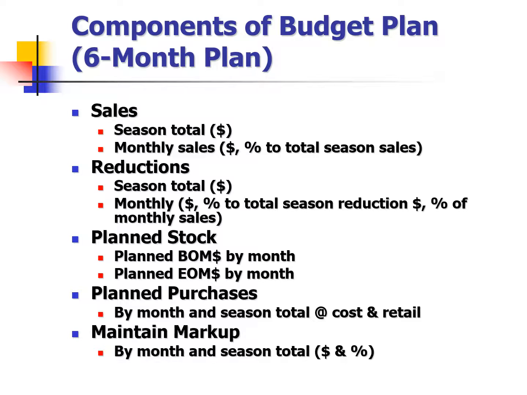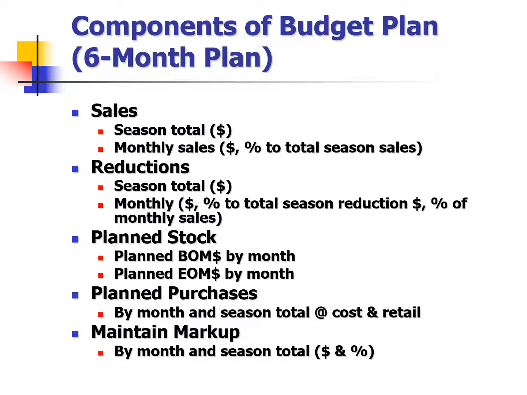And finally, given all these plans of the sales, reductions, inventory and purchases, now we want to have an idea about what markup we are going to be able to achieve and maintain, if everything goes as planned. So we are going to calculate the maintained markup percent and dollar for each month and the seasonal total.